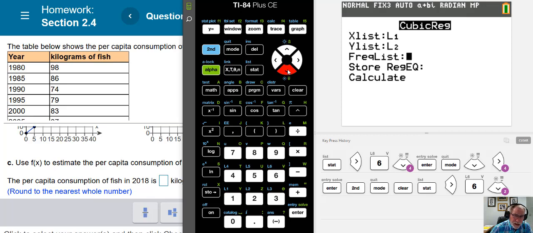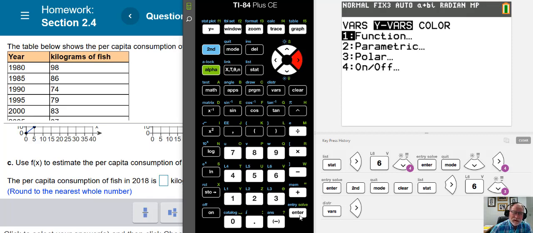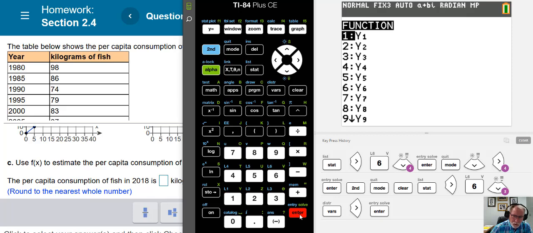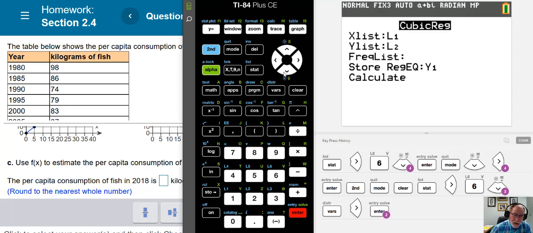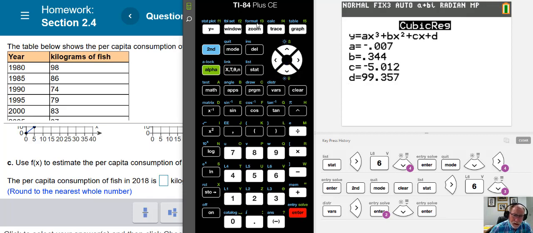If I'm going to be needing that equation for other calculations, out beside where it says store, RegEQ, I can tell it to store that answer. And so I'm going to push the VARS, Y-VARS, function number 1.